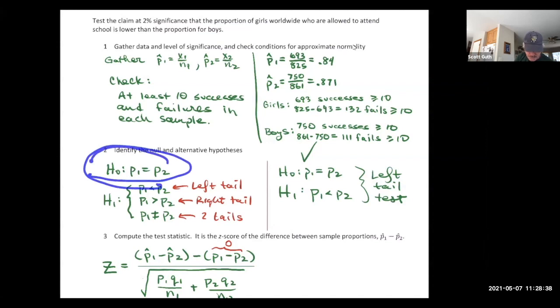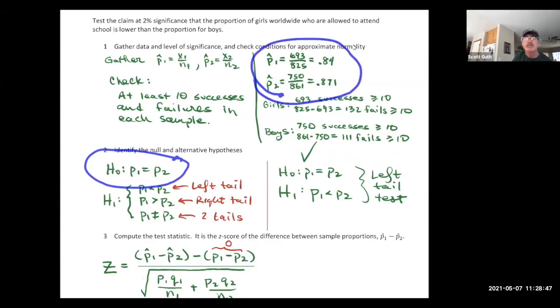Null hypothesis says those two are supposed to be the same number. P1 and P2 are supposed to be the same, but P hat 1 and P hat 2 are different. So if they're the same, what value is closest to the population proportion that's shared by both populations? What you do is you pool the two sample proportions.